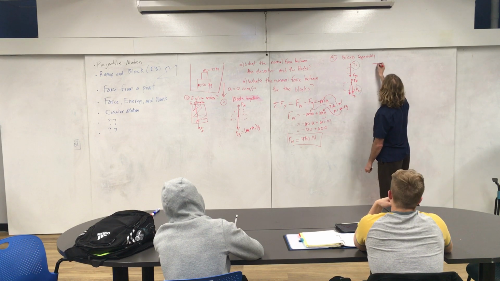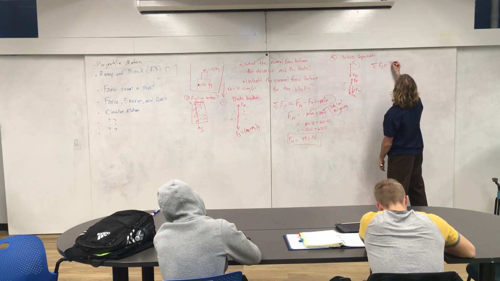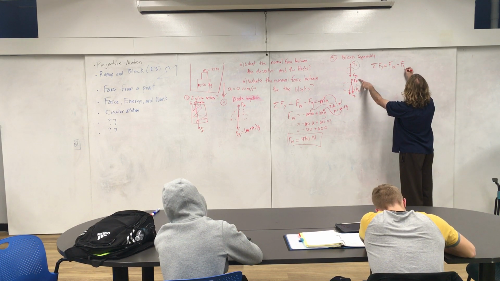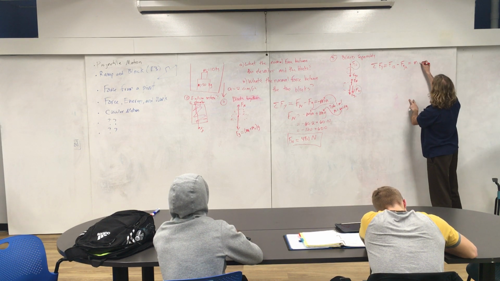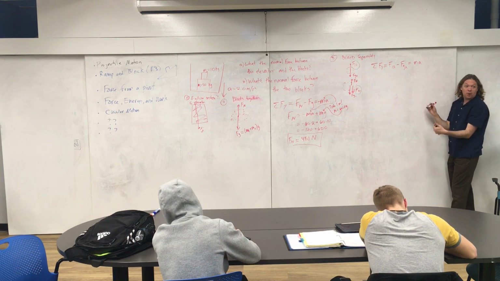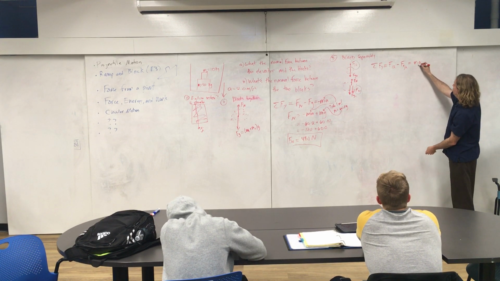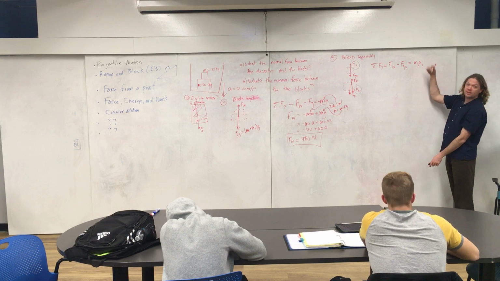When I calculate the sum of the forces on that block in the y direction, I get F12 upwards, and FG2 downwards. I should write MA, but I have to be careful about which MA I mean. This is just that block, so this is just M2, and the acceleration should be just the acceleration of the second block.